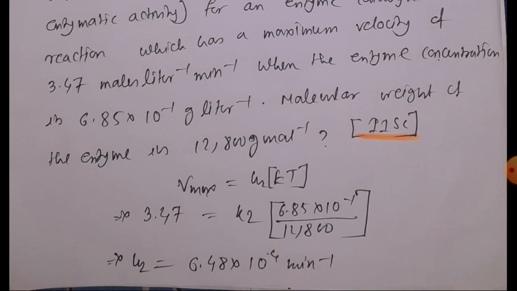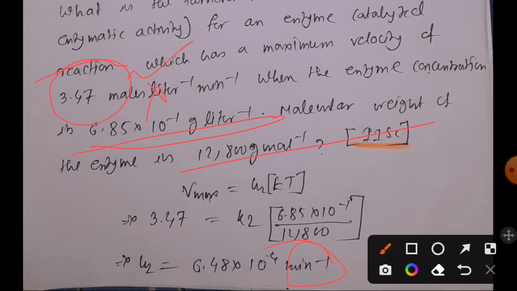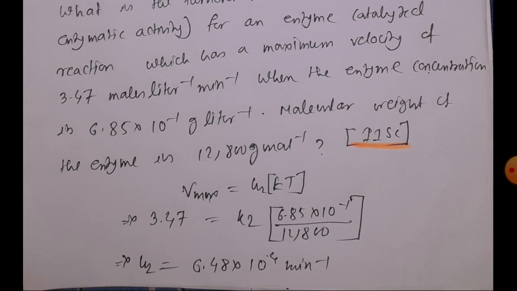Now let's think about this. If we simply multiply 6.85 and 3.47, then our value will never be minute inverse, right? But if we first divide 6.85 into 10 to the power minus 1 by 12,800, and then multiply with 3.47, then we can get our value. So that is the thing with the help of which you can easily calculate.